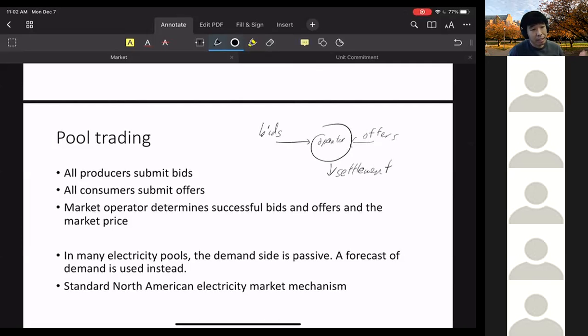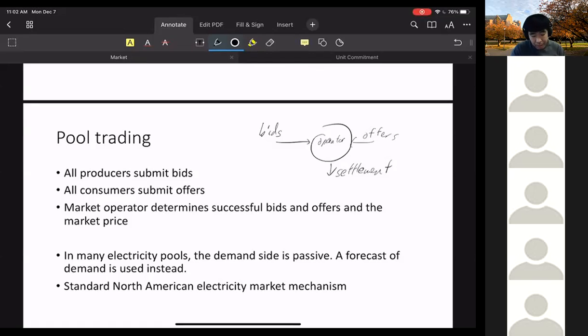Instead of clearing hour by hour, in pool trading you may have something that clears over days and months. So if you're, let's say, a nuclear generator, you say, I can deliver this much power at this price, and if you're a load, you say, I'm willing to pay this much for this amount of load. And then the operator will come in and settle this kind of trading. So this is the centralized pool trading.